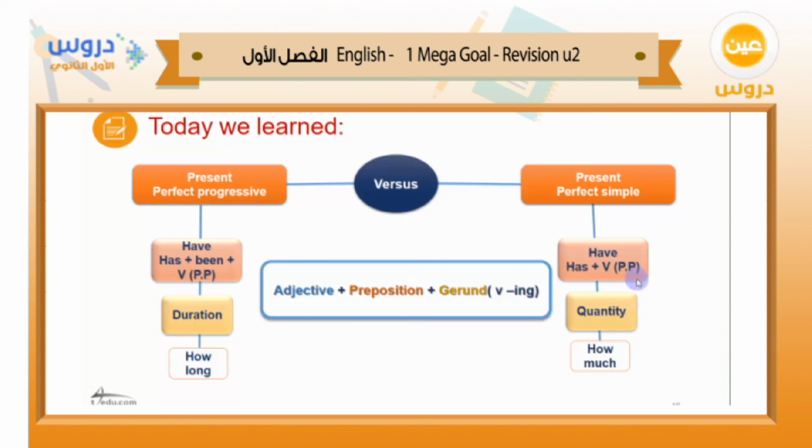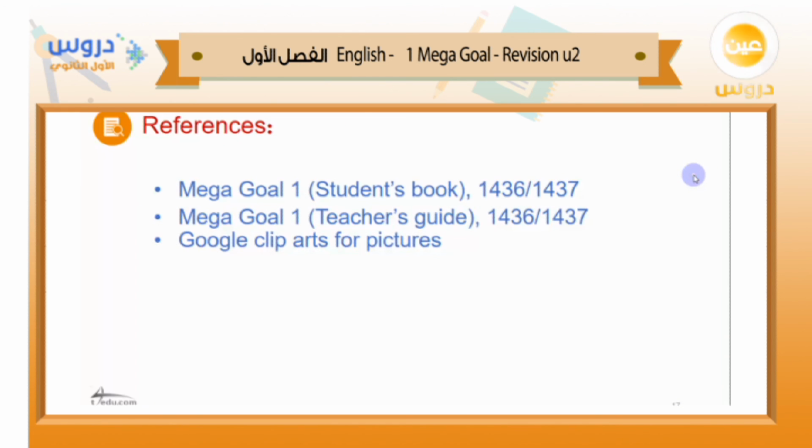In this tense, we are focusing on quantity, for example, how much. Adjective plus the preposition plus the gerund, which is the verb plus ing. So those are a simple comparison between present perfect progressive and present perfect simple. Those were the references of the lesson Mega Goal 1.